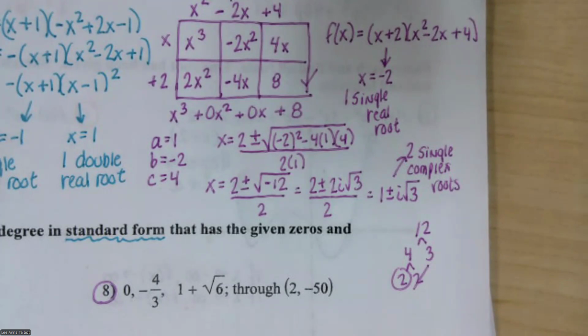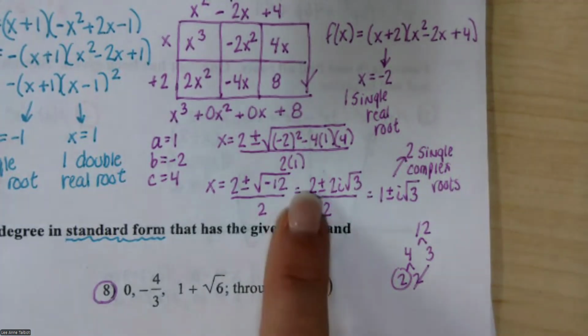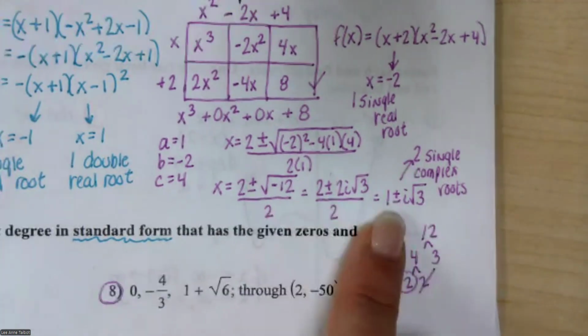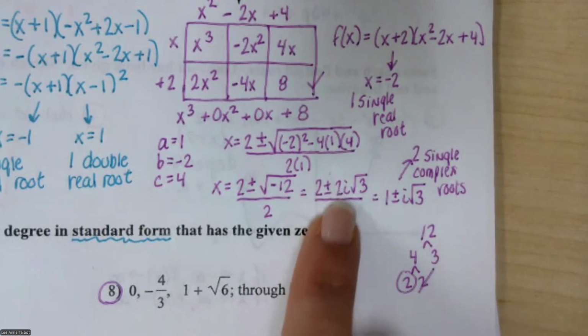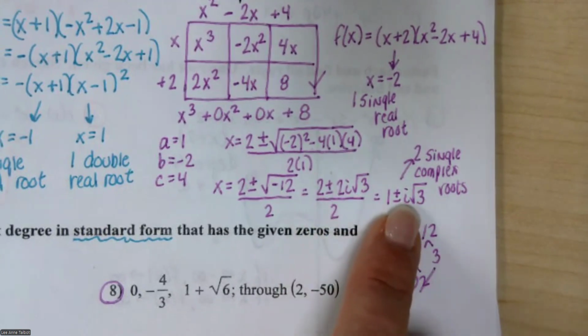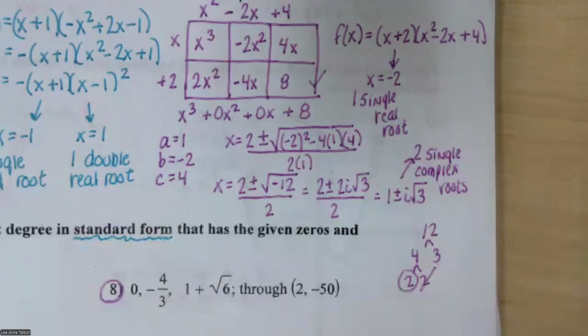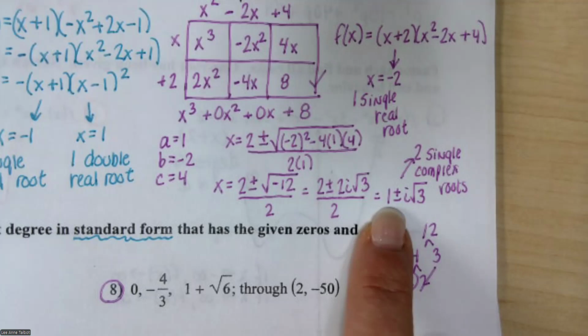Yes. I did division. So I made this 2 divided by 2 into 1. And I made this 2 divided by 2 into 1, but I didn't write 1i root 3. Yeah, right. This one you have to write, because it's plus.